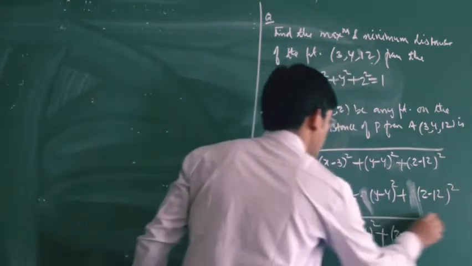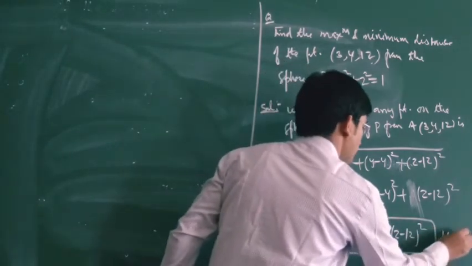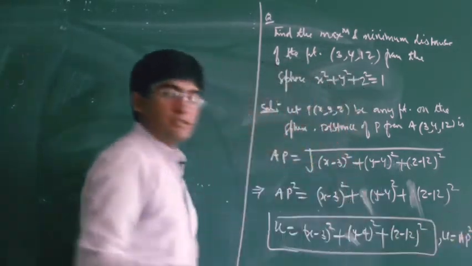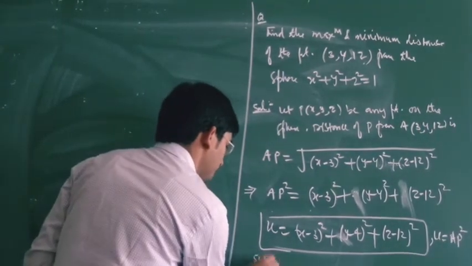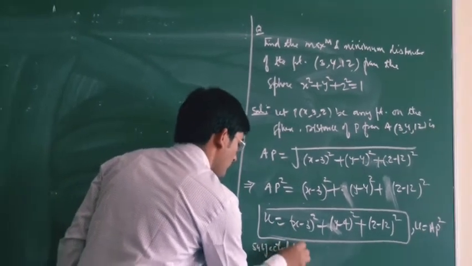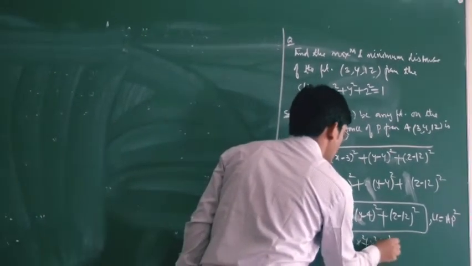Now we will find out the maximum or minimum values of u, where u is AP square. So your AP will be basically square root of u, subjected to this condition, x square plus y square plus z square minus 1.